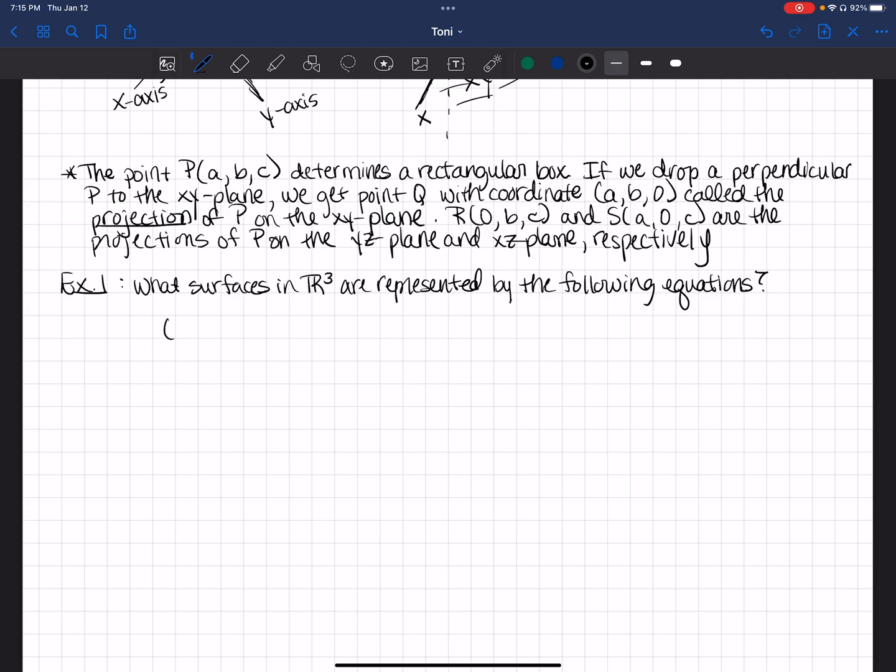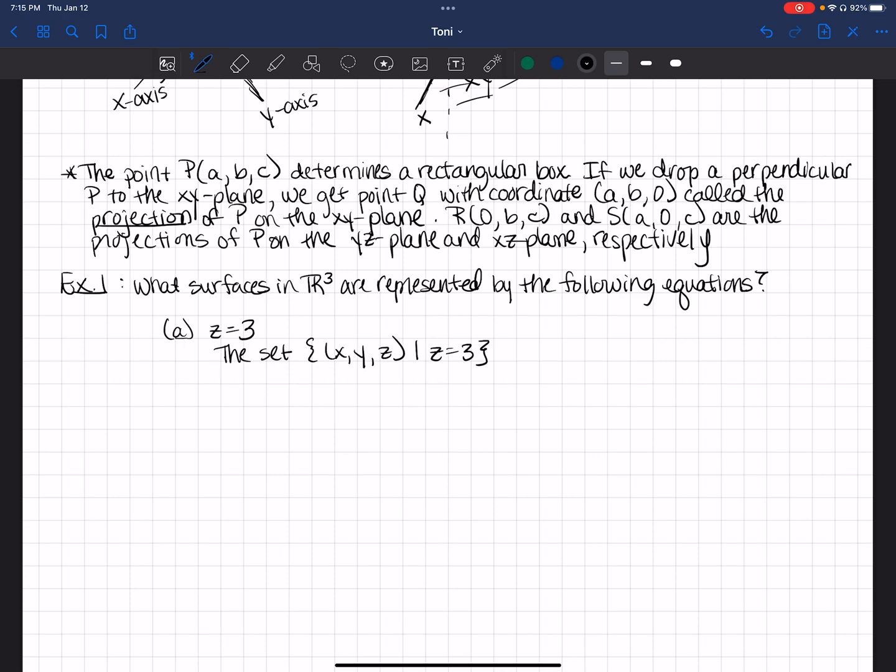Okay. A, Z equals 3. Well, if Z is 3, Z always has to be 3. What are X and Y then? Well, X and Y can be anything, just as long as Z is 3. So what we get is the set of X, Y, Z such that Z equals 3. Well, what does that really mean?